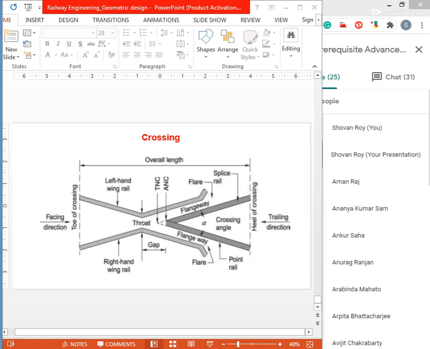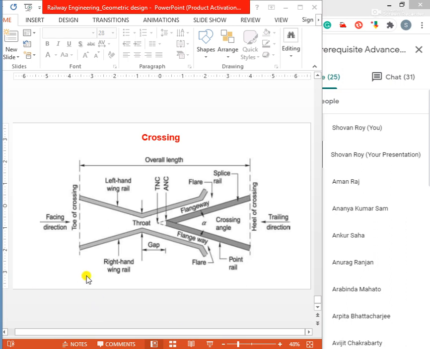So diamond crossing, acute angle crossing, square crossing, I'll show in the next class, with the original pictures, and how you can identify what is an acute angle, what is a diamond crossing, and what is a square crossing.